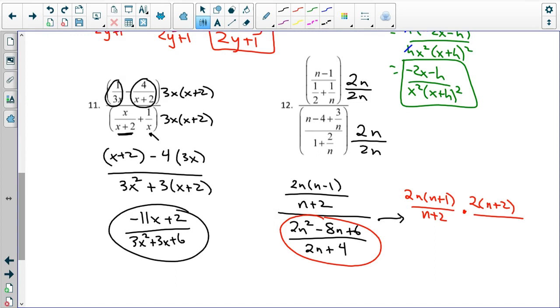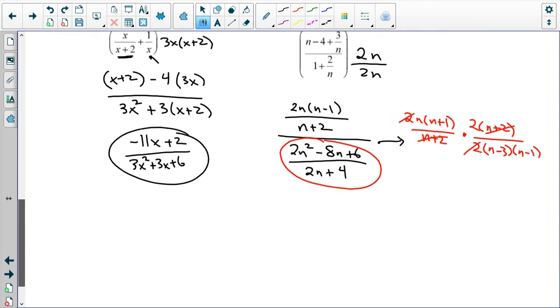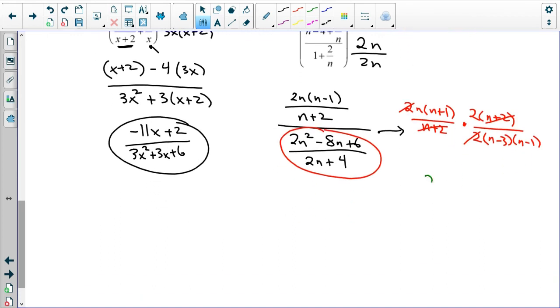And I'm going to factor 2n squared minus 8n plus 6 into 2 times n minus 3 times n minus 1. And then I'll look at things that can cancel. Those things end up canceling. So I end up with a final answer of 2n times n plus 1 over n minus 3 times n minus 1.